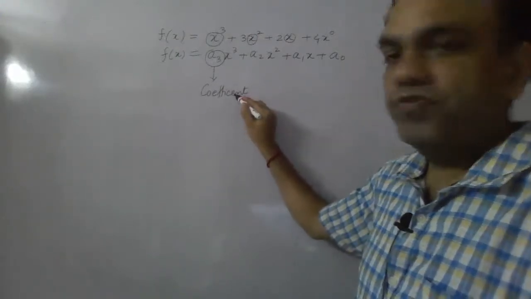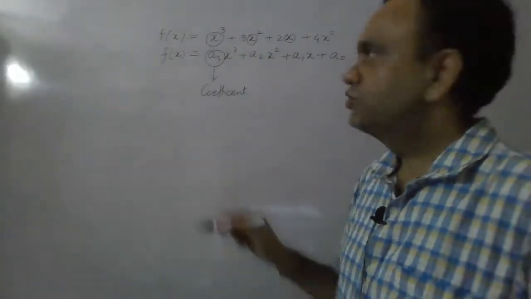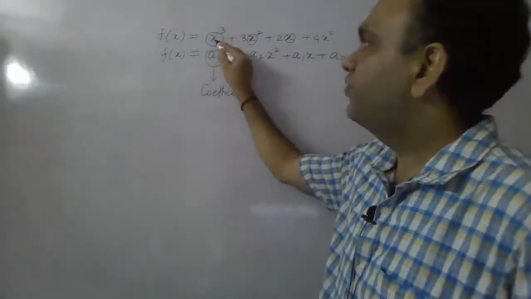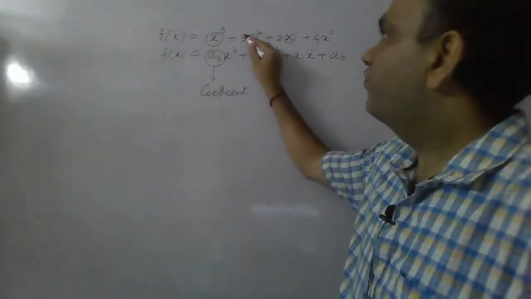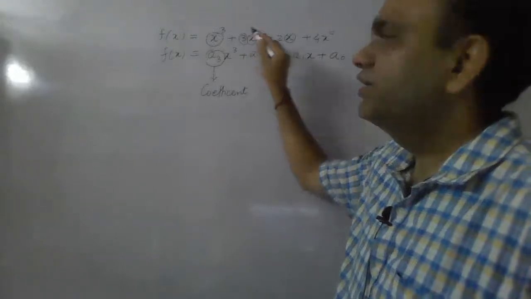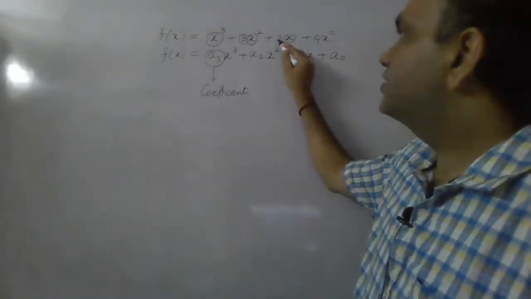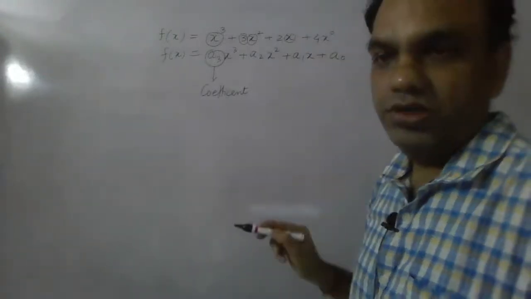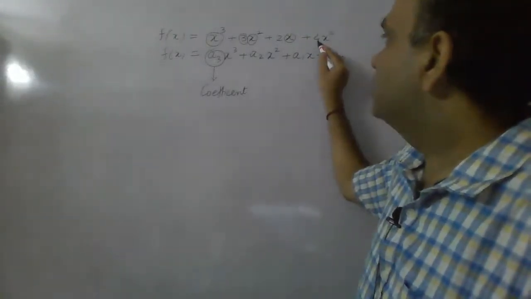Coefficient of whom? Coefficient of x cube. So here, what is the coefficient of x cube? 1. What is the coefficient of x square? That is 3. What is the coefficient of x? That is 2. And what is the coefficient of x raised to 0? That is 4.